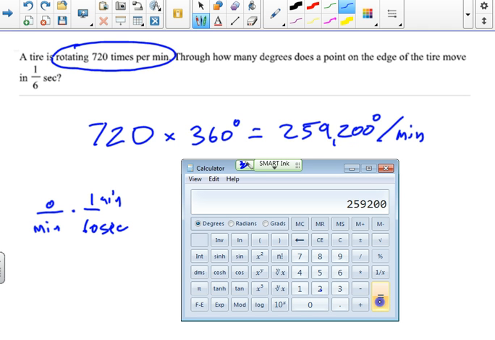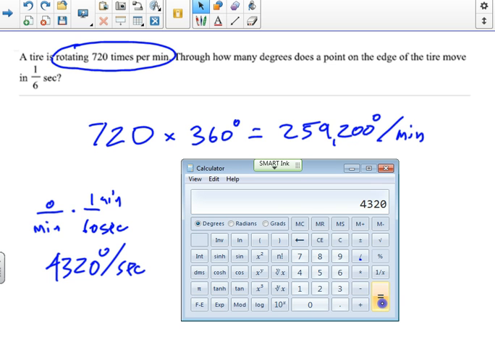So 259,200 divided by 60 equals 4,320 degrees per second, but I want to know how much is in a sixth of a second, so I'll divide that by 6 now.